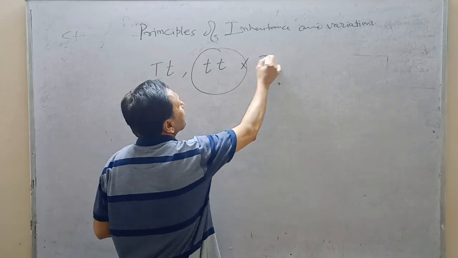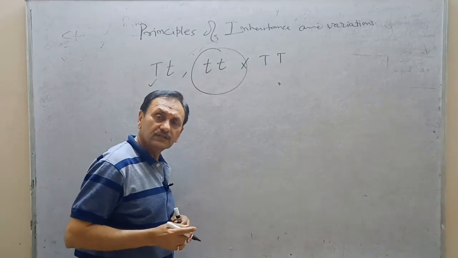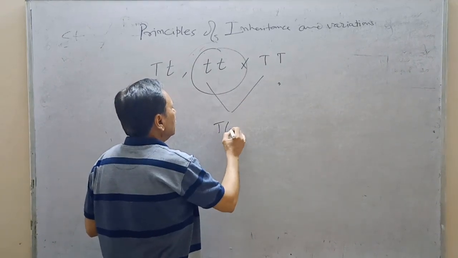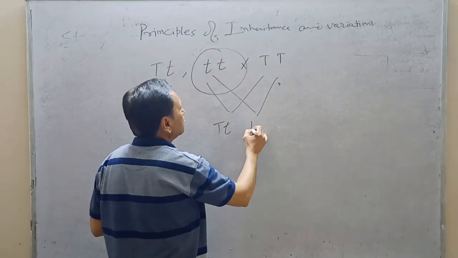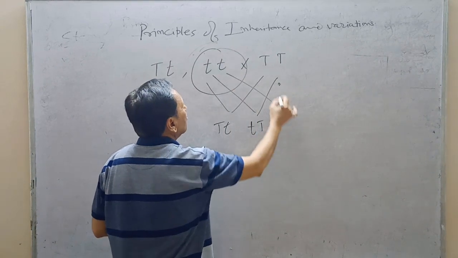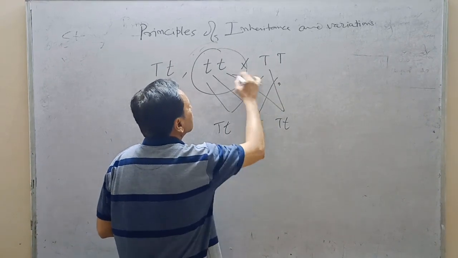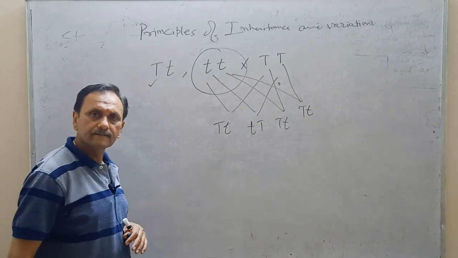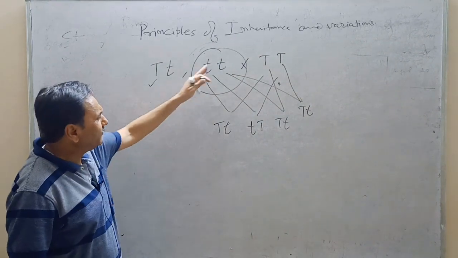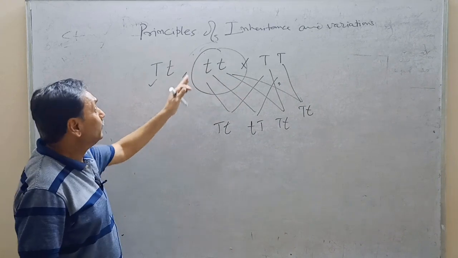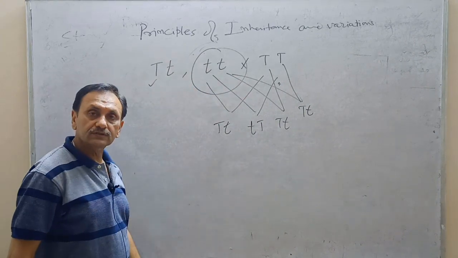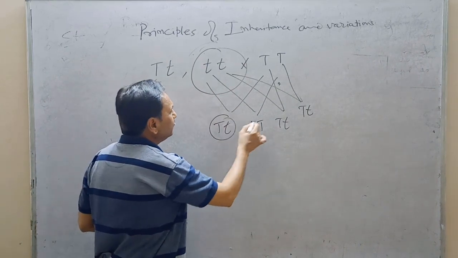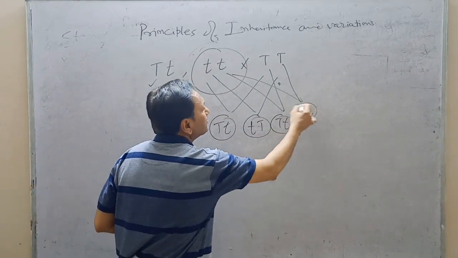We will cross it with the capital T, and we can get the heterozygous or dominant type present. This is one example of the back cross, and in this way we can improve the breed.